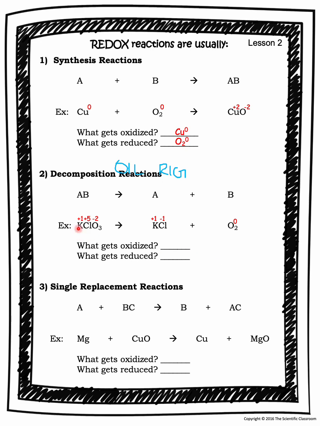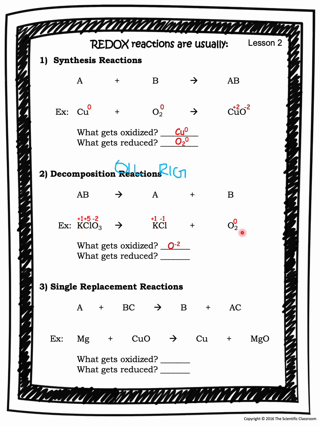Okay, so potassium went from +1 to +1, so it didn't change. Chlorine went from +5 to -1. So it got more negative, it didn't get more positive. Oxygen went from -2 to 0. Oh, that one got more positive because it lost electrons, which means it was oxidized. Okay, and then if we look at what gets reduced, we're looking for what got more negative because it gained electrons. Potassium stayed the same.